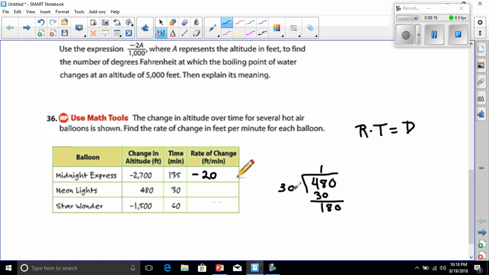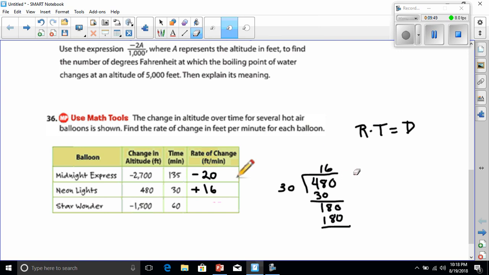And 30 goes into 180. That's like saying how many times does 3 go into 18? That'd be 6 with a 0 at the end. So we're going to say our answer is 16. 6 times 30 would make 180. And since both our distance and our time were positive, we have a positive divided by a positive, so that's going to make a positive answer.